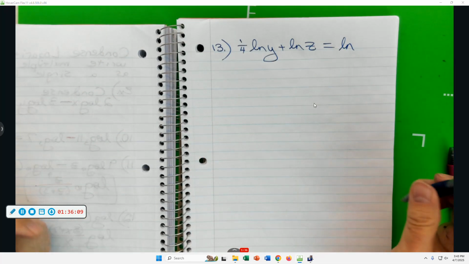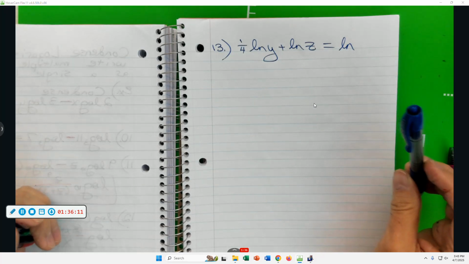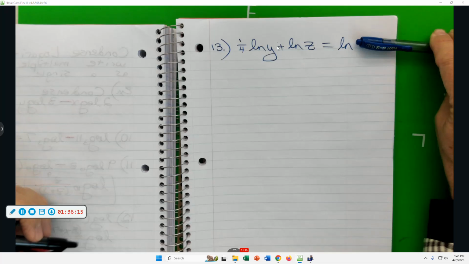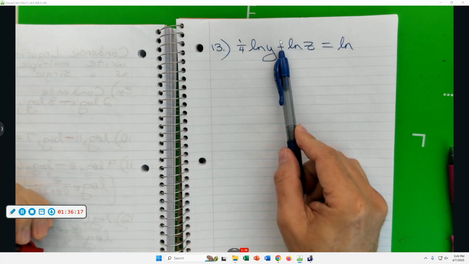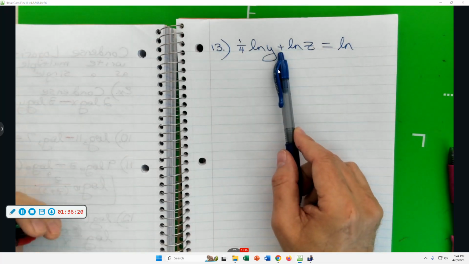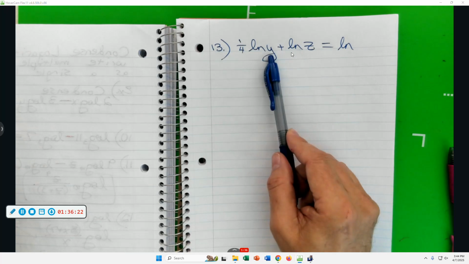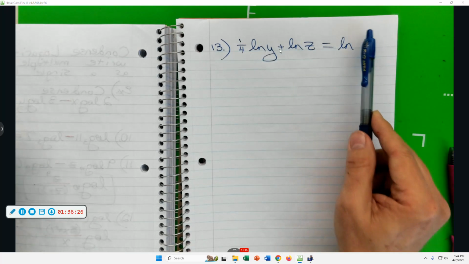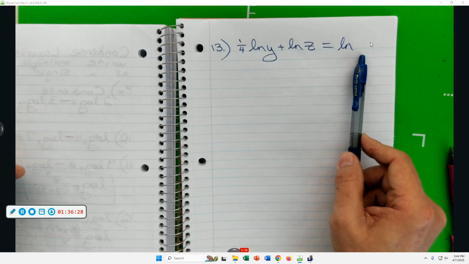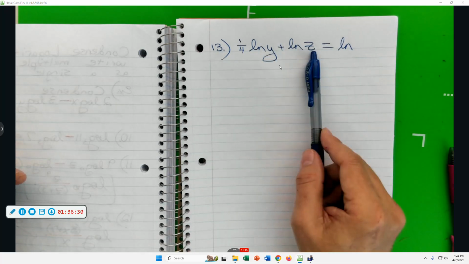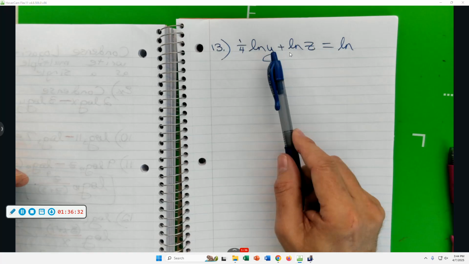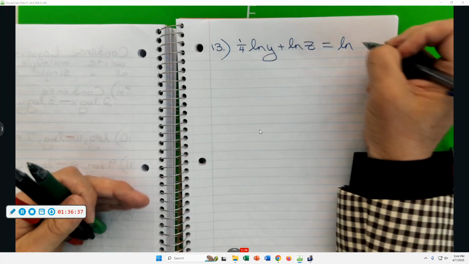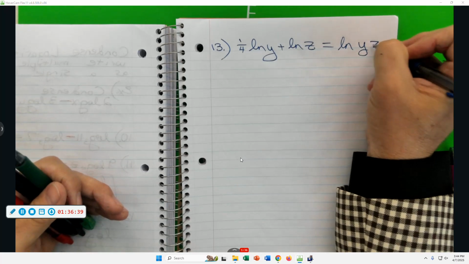Do I need a fraction bar? No, because there's no minus connecting the logarithms. If you're not going to divide, there's only one other thing we can do to the y and the z. What is it? You're not going to divide y divided by z. Plus is for multiplication. Y times z.